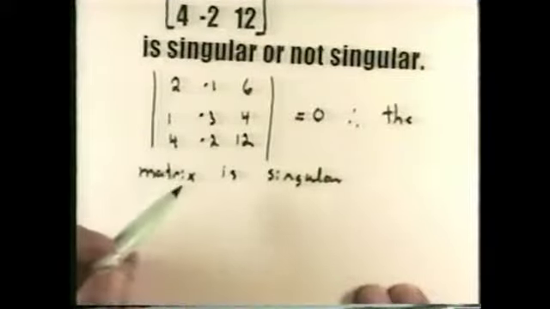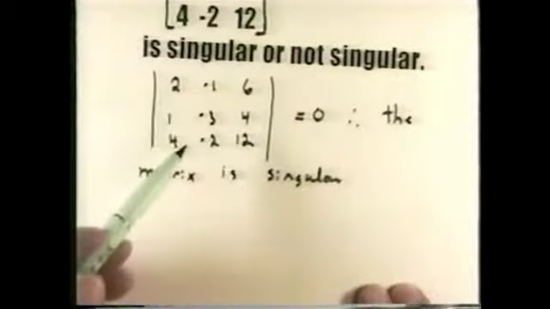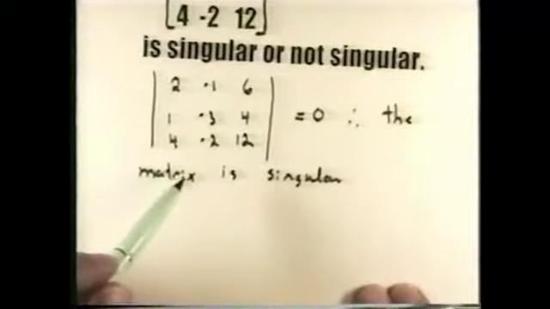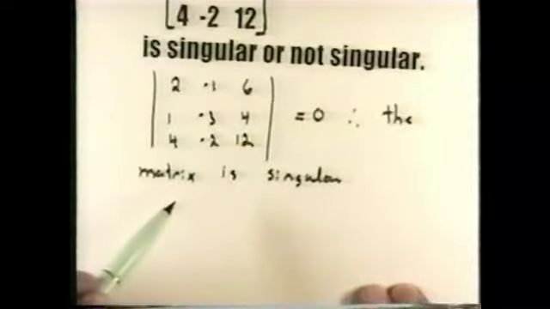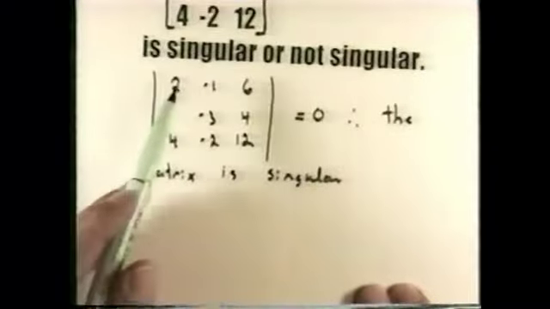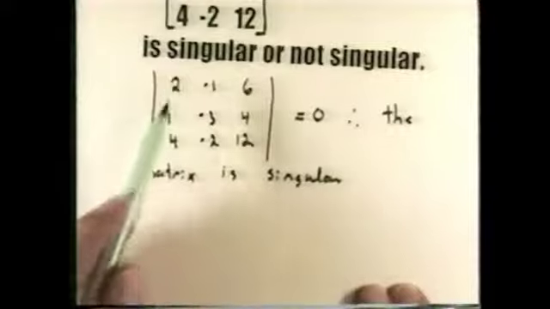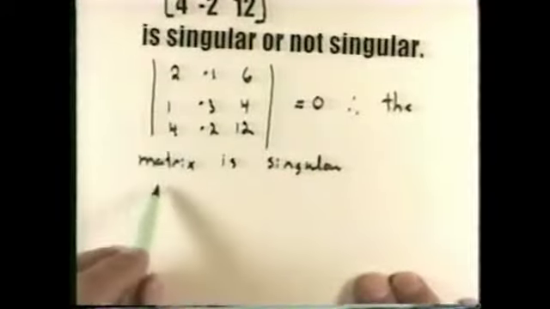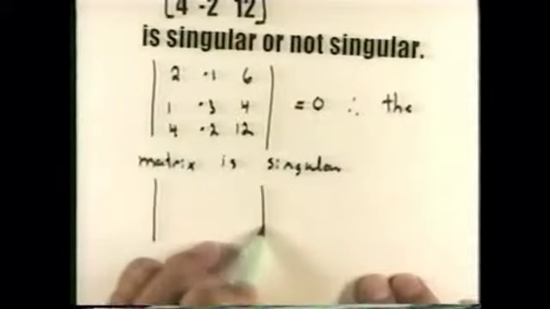Well, what's the best way of evaluating this determinant? We have no zeros in it, so what we might want to do is to row reduce so that I have all zeros below the 2 in the first column. That's probably the easiest thing to do first.